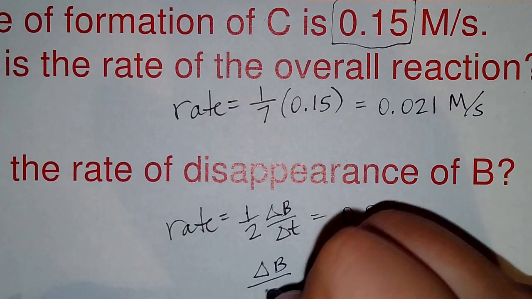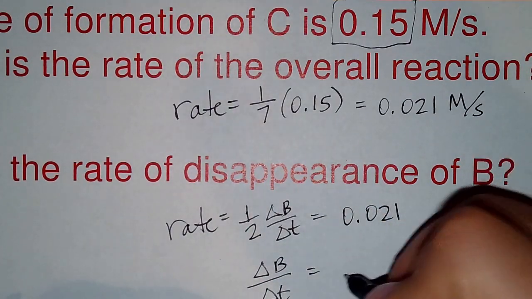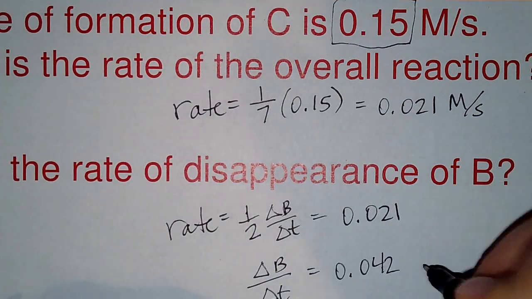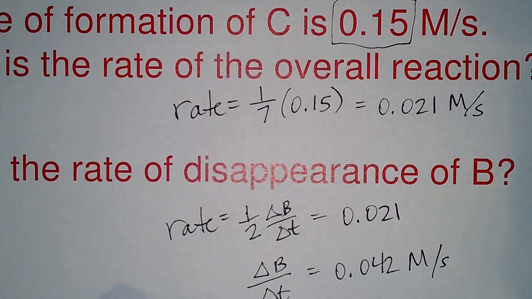So the rate of B disappearance is 0.042 moles per liter per second.